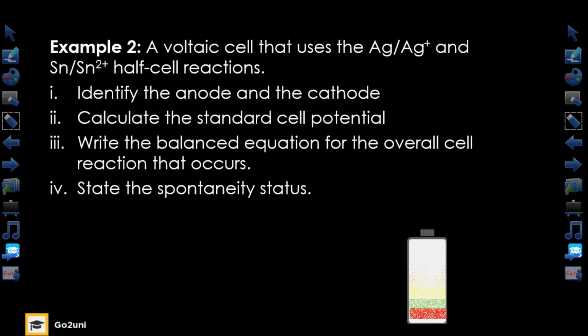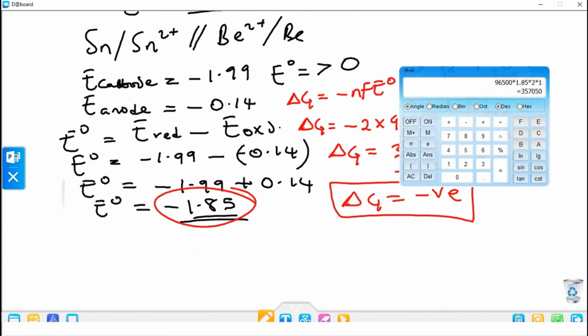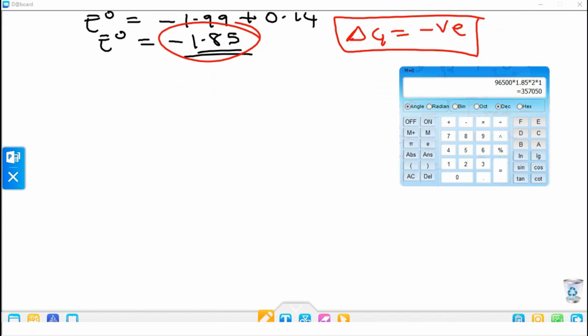Okay, so let's proceed to looking at how to do that. First, we need to identify the anode and the cathode. So which of silver and tin is going to be the anode and cathode? First, we need to write out their electrode potential values. From the previous calculations, we know that silver is 0.8 volts, or you may say 0.80 volt.